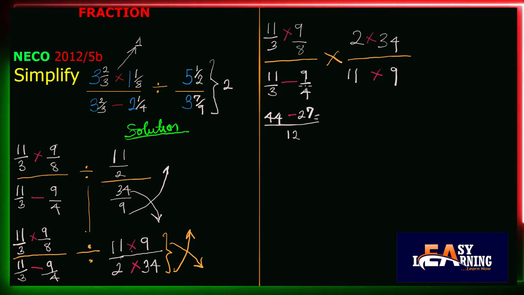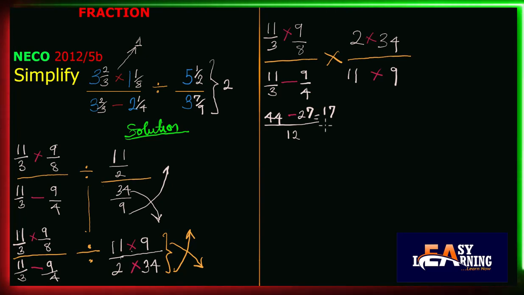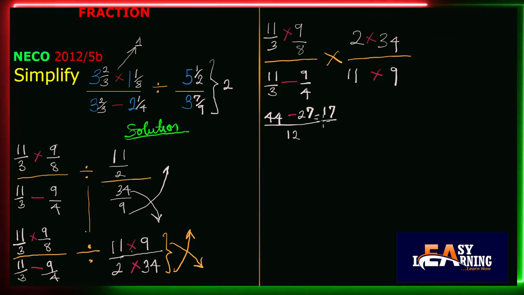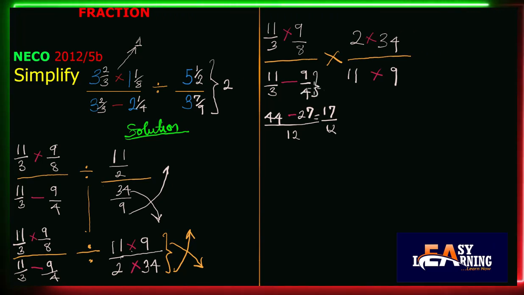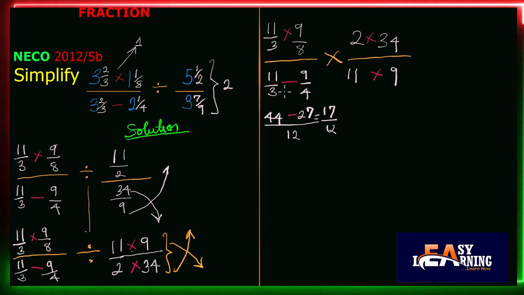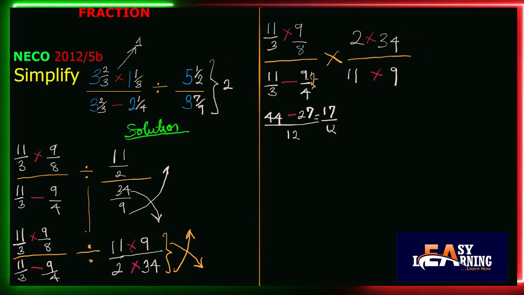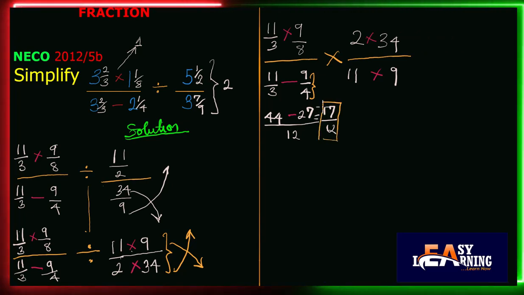Now 44 minus 27 will give us 17 all over 12. So the whole of this fraction, yes, we'll replace it with this single fraction.